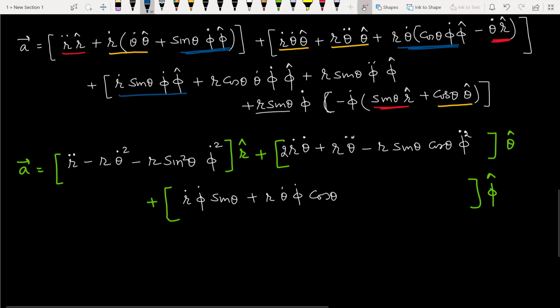Next term is this one, r dot phi dot sine theta. It is repeated, so here we write 2. Next term is again repeated, here we write 2. And the last term is plus r sine theta phi double dot. So this is the required expression.